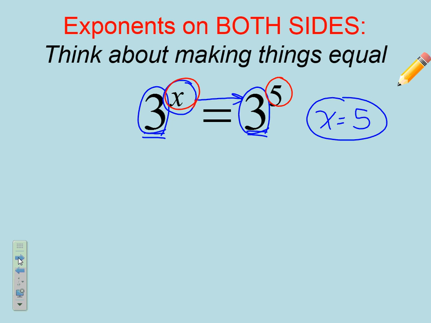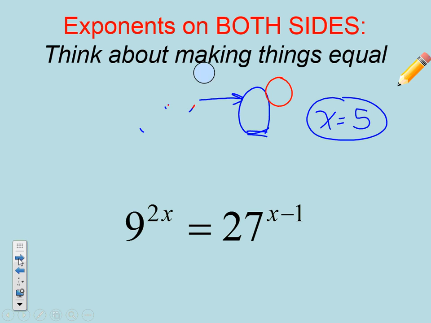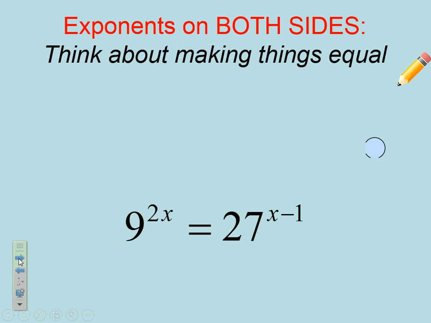We're going to use that same strategy right here on this next one. We're going to think about making things equal. So the next problem is 9 to the 2x equals 27 to the x minus 1. Notice how the bases are different here. This is a 9, this is a 27. We want to make the bases become the same.